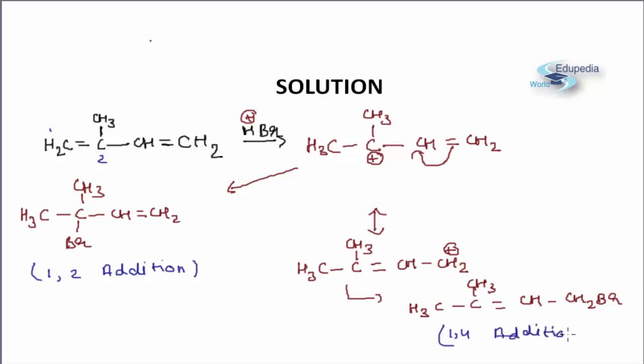Now the question is which of these products is the major product, because we have not been asked to predict all the products. We have been very specifically asked to predict the major product.